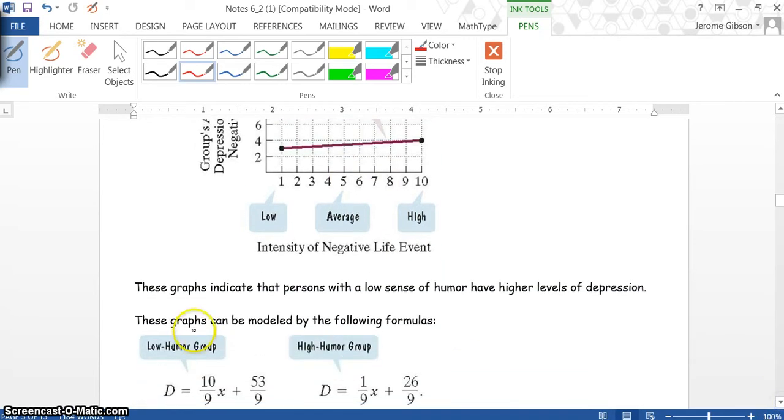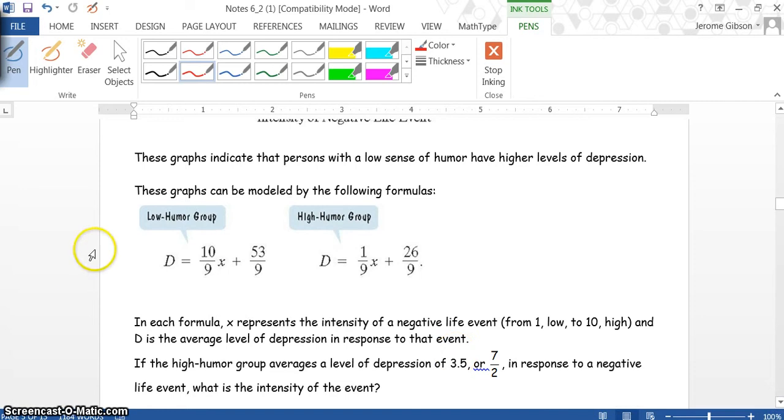Now, it says these graphs indicate that persons with a low sense of humor have higher levels of depression. These graphs can be modeled by the following formulas. Now we have the low humor group, with this formula here, and the high humor group, with this formula here.